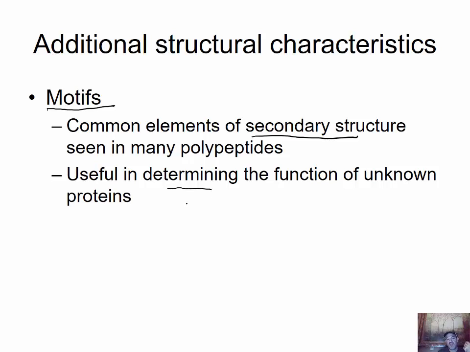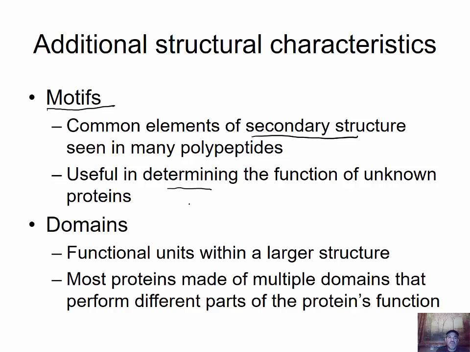So if we study the protein and we look at a little section, we would say, hey, there's an alpha helix structure there, or a beta pleated sheet here, and a certain pattern going on there. We know what the function is in other proteins, so we might be able to deduce what the function might be in a newly discovered protein by studying those motifs.